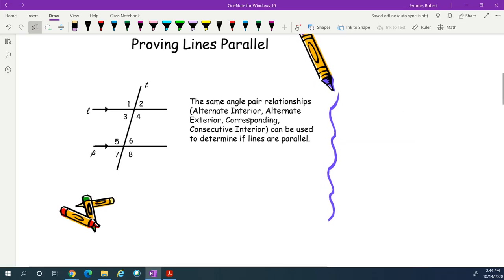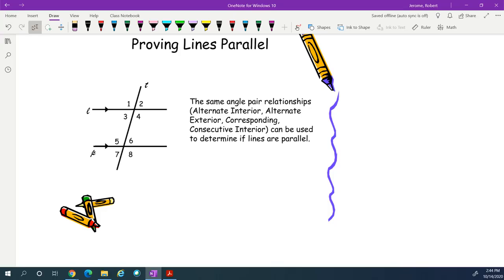Think about this picture that we've been working with. If the lines are parallel, as a result, we know that the alternate interior angles are congruent, alternate exterior angles are congruent, corresponding angles are congruent, and consecutive interior angles are supplementary.